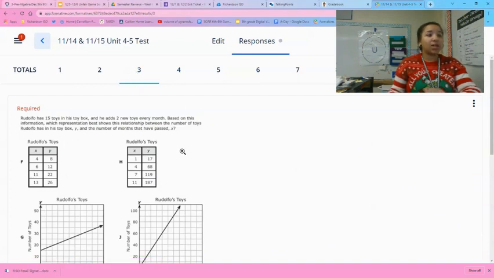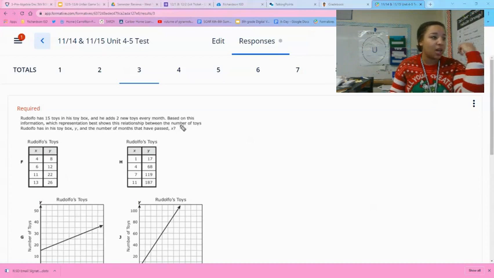Question 3. Okay. Rudolph has 15 toys in his toy box, and then he adds 2 new toys every month. Based on this information, which representation best shows this relationship between the number of toys Rudolph has in his toy box and the number of months that have passed?